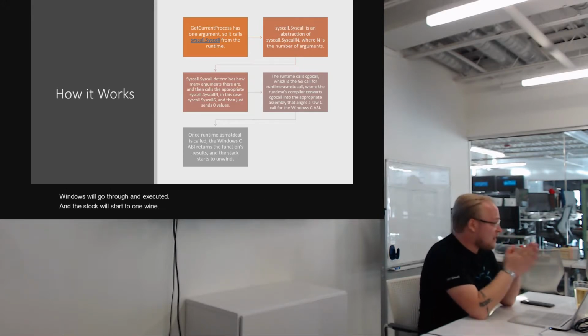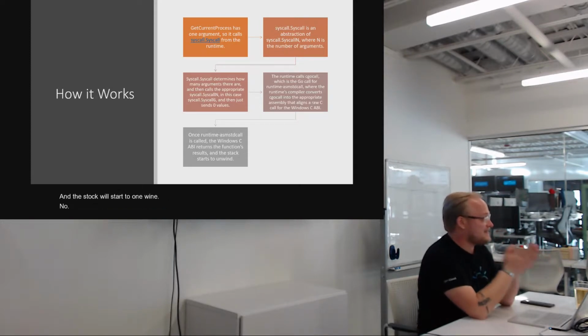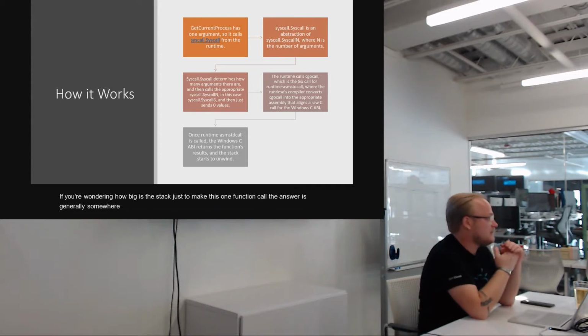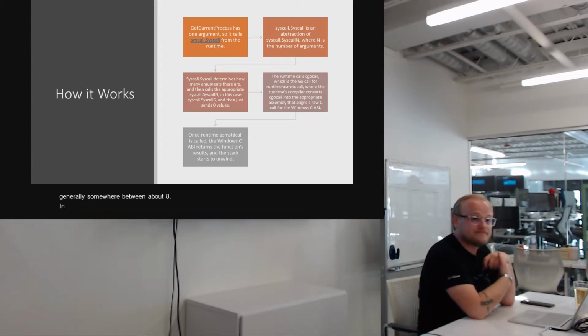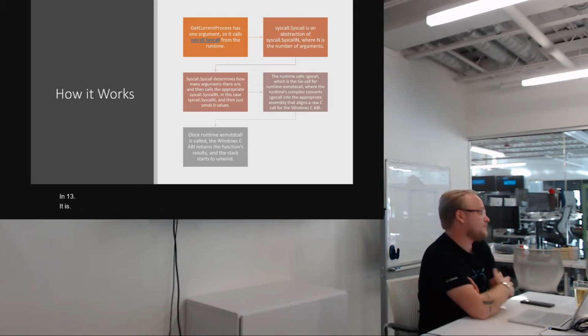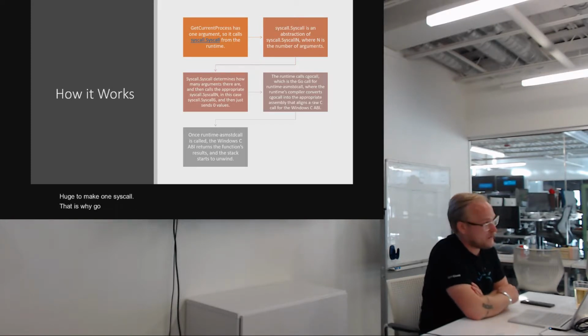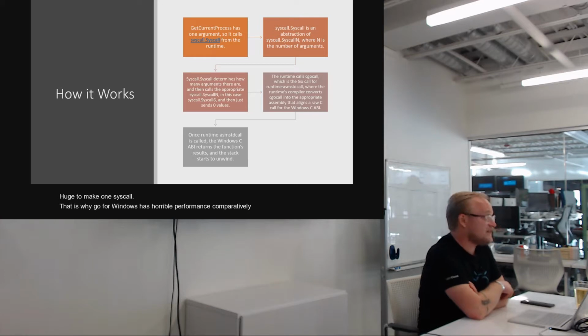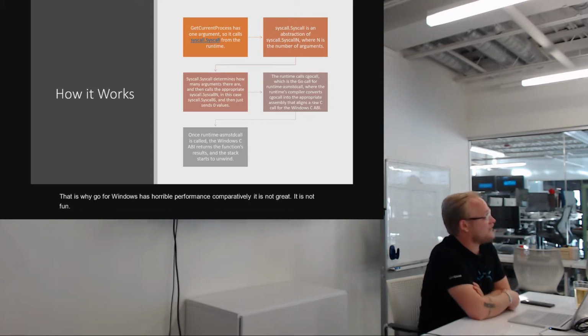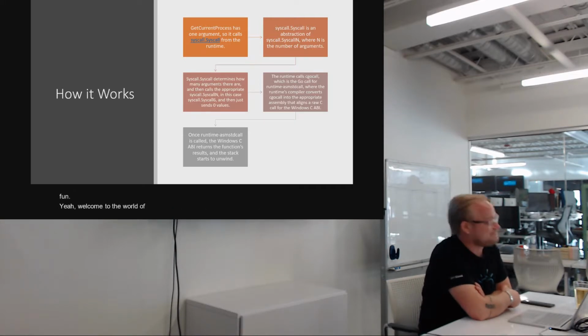If you're wondering how big the stack is just to make this one function call, the answer is generally somewhere between about 8 and 13 functions deep. It is huge to make one syscall, and that is why Go for Windows has comparatively horrible performance. It is not great. It is not fun. Welcome to the world of Go for Windows.